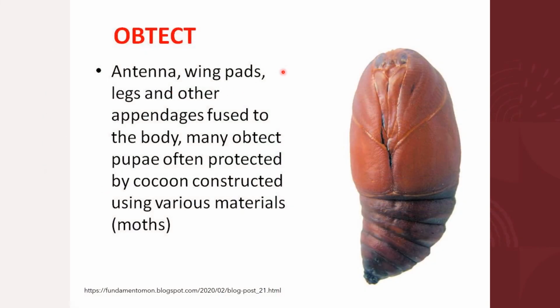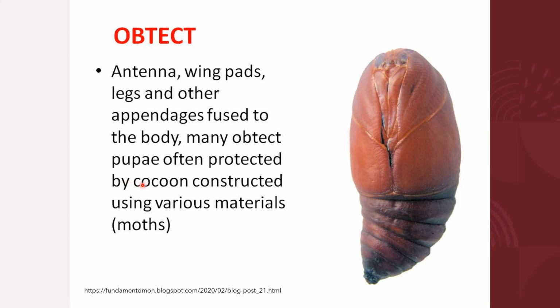For the obtect type of pupa, the antenna, the wing pads, the legs, and other appendages are fused to the body. And many obtect pupae are often protected by a cocoon, constructed using various materials.